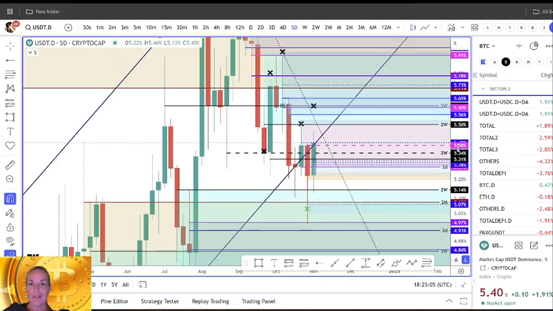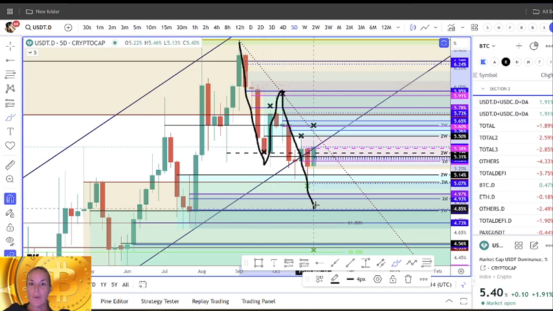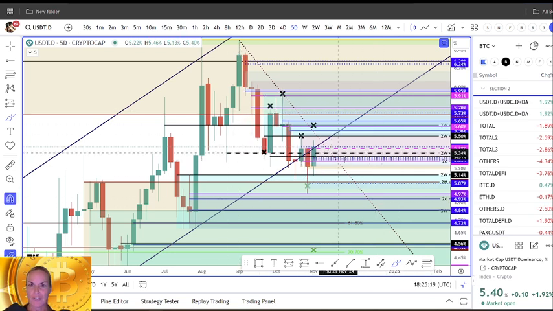That would be the next level I'm looking at. If we're looking at a downtrend, this is our local downtrend, so I'm looking for it to break this high to break that downtrend. Obviously it can do whatever it wants in between, but the 5 day is the next area where it might see some resistance.